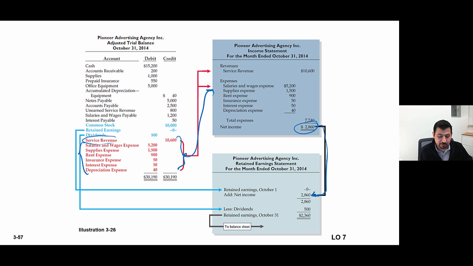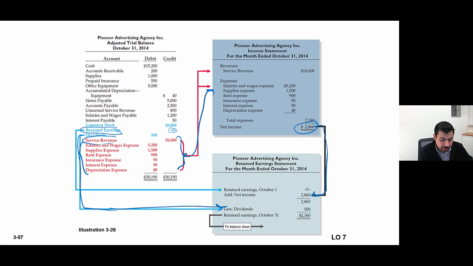And from the adjusted trial balance, we get information for the dividends. In this case we have the retained earnings. Because the company is supposed to be a new company, the retained earnings balance was 0.